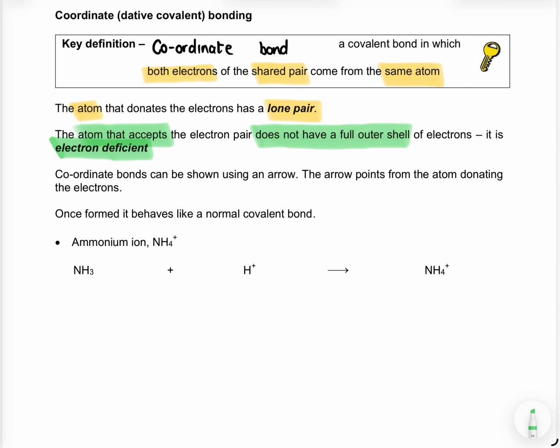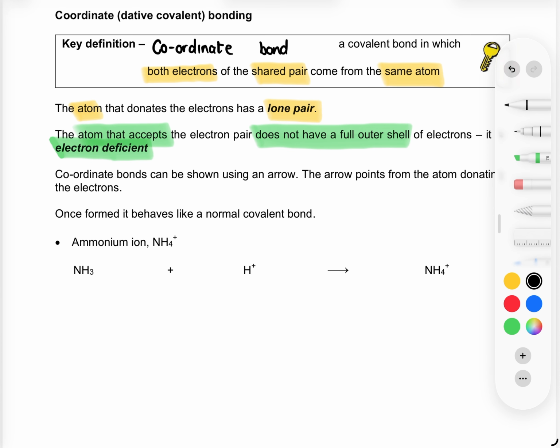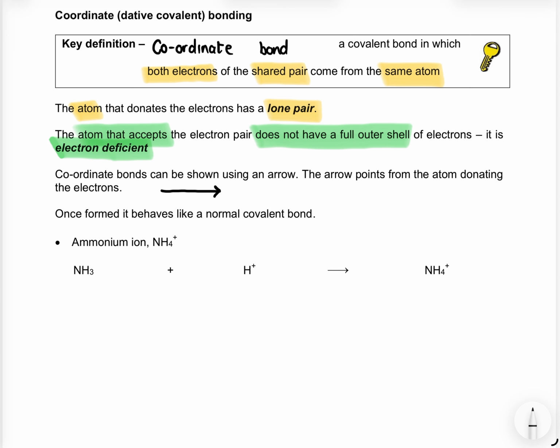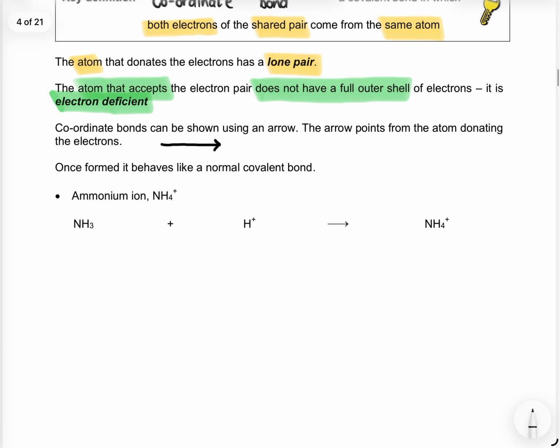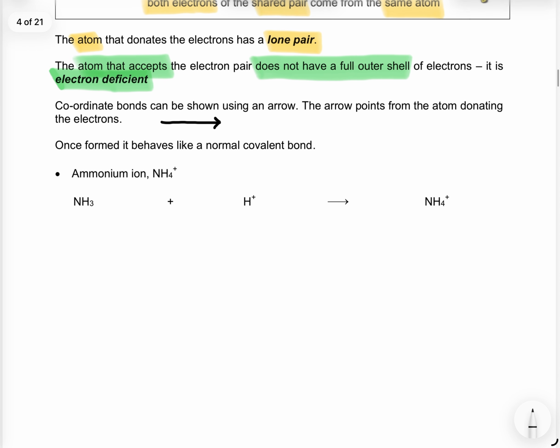So that was our B in BF3. Coordinate bonds are shown using an arrow, and the arrow points from where the lone pair is to the electron deficient atom. Once it's formed, it is just a shared pair. So let's have a look at the example.